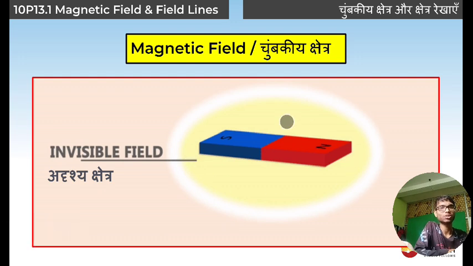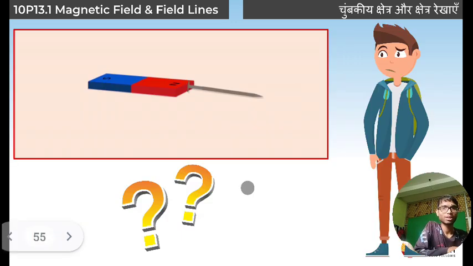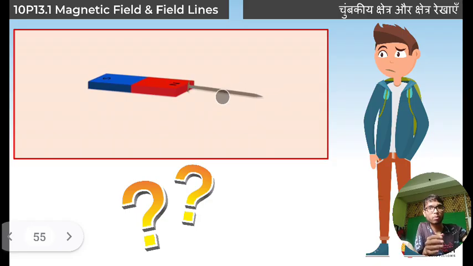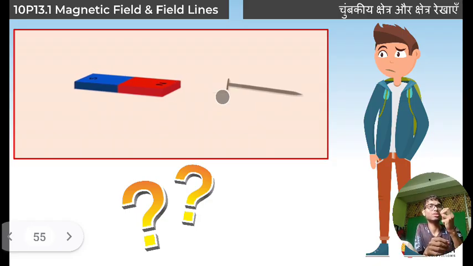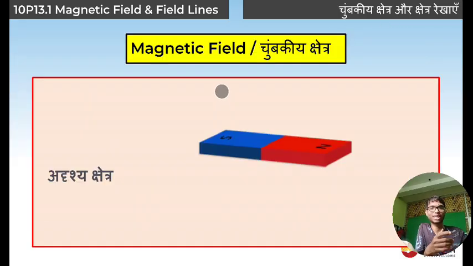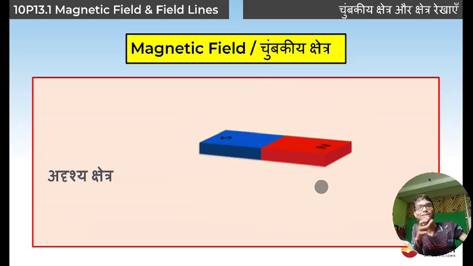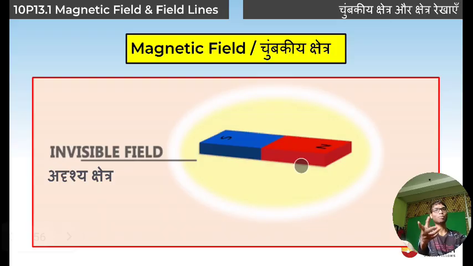A place where both are attracting is the magnetic field. Here we can see this is invisible. We cannot directly see the field where this magnet will work.